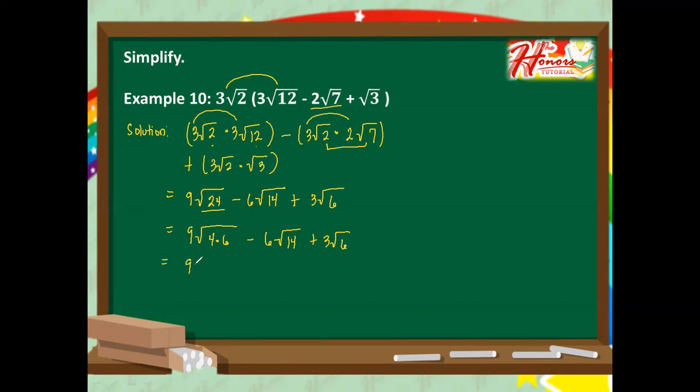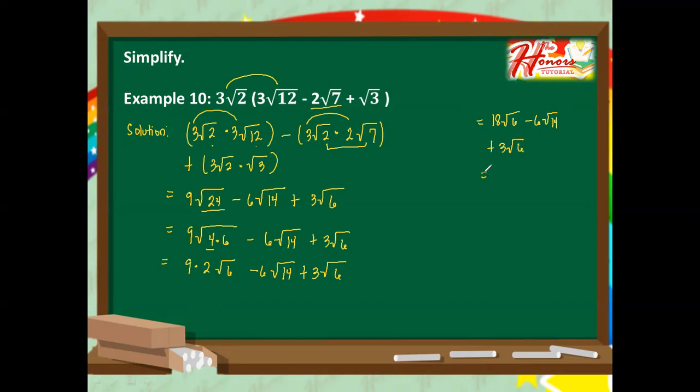So that's 9 times square root of 4, that's 2 square root of 6 minus 6 square root of 14 plus 3 square root of 6. We are not yet done. Let's continue solving this. So now we have here 9 times 2, that's 18, square root of 6 minus 6 square root of 14 plus 3 square root of 6.